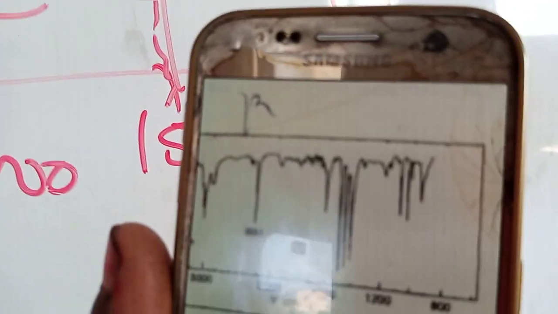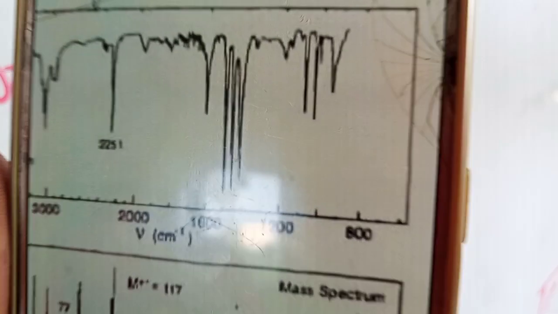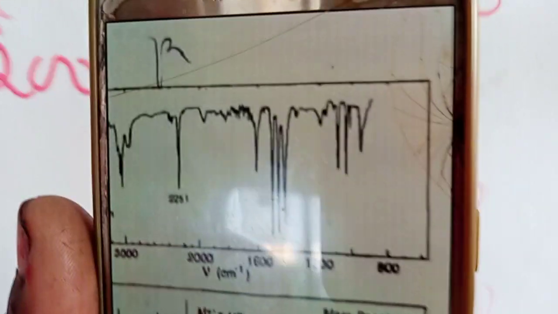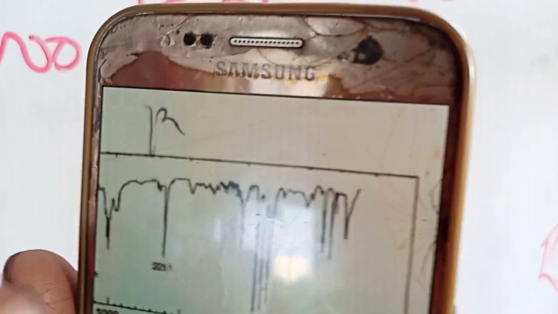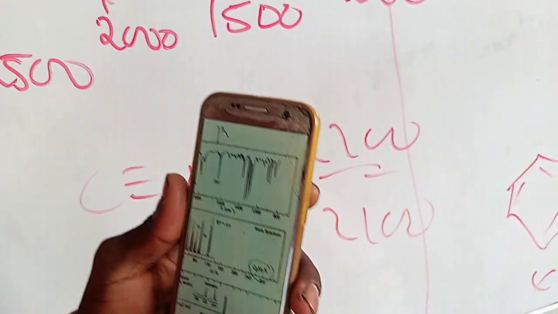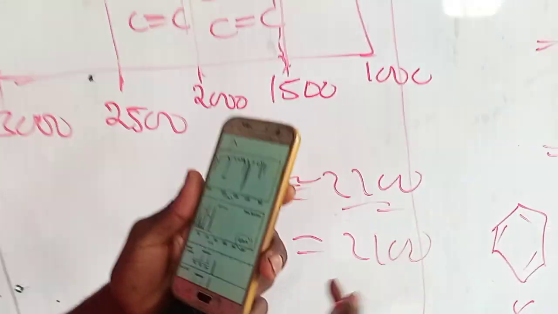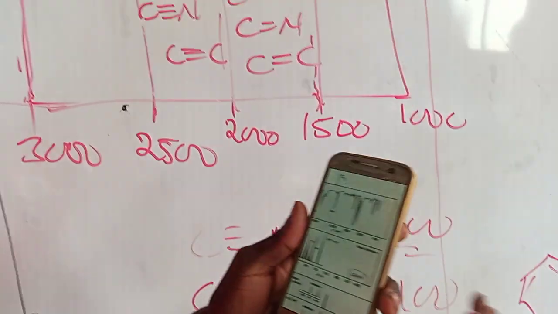So the IR is telling us that there is a triple bond in the formula, which means that the 2 double bonds we said may be present are not there, it's rather the triple bond. Now the triple bond here is around 2,251. Remember I told you that C triple bond N is around 2,200, while C triple bond C is around 2,100.